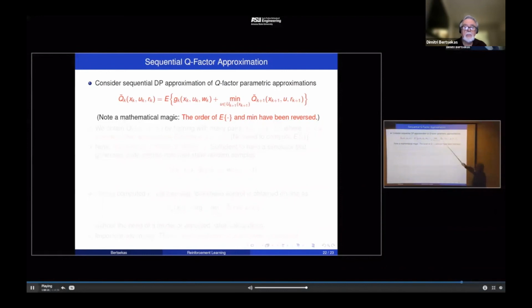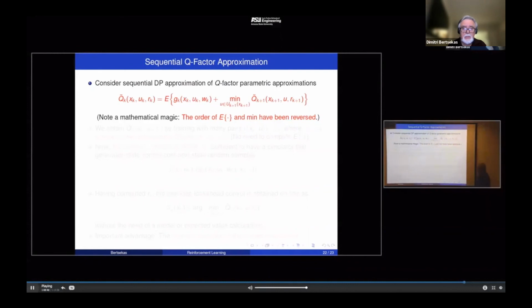There's a parameter vector for each stage. So you go backwards starting from the end, and first determine an approximation, you determine R_{N-1} at the next to last stage, and then use that to determine a set of parameters for stage N-2, and so on.